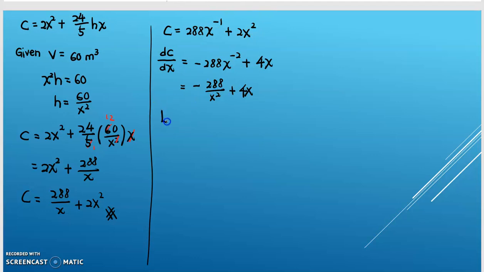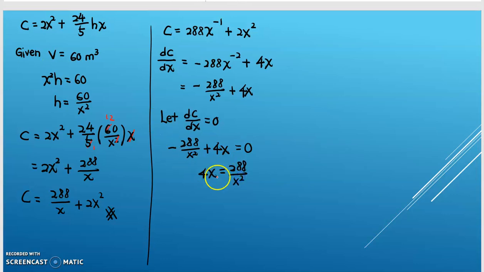Next, I let dC over dx equal to 0. So negative 288 over x squared plus 4x is equal to 0, or 4x is equal to 288 over x squared.